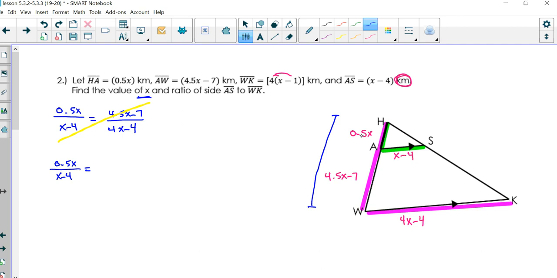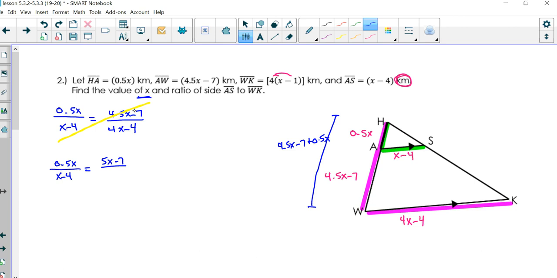When I add these two together, I'm doing 4.5x minus 7 plus 0.5x. When I add those two together, 4.5x plus a half x is 5x minus 7.